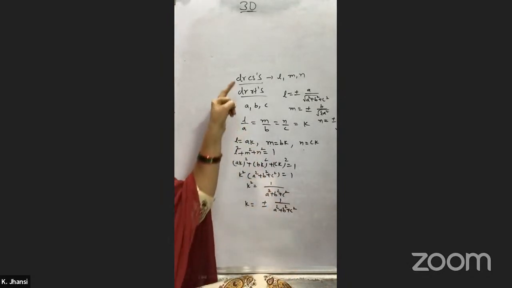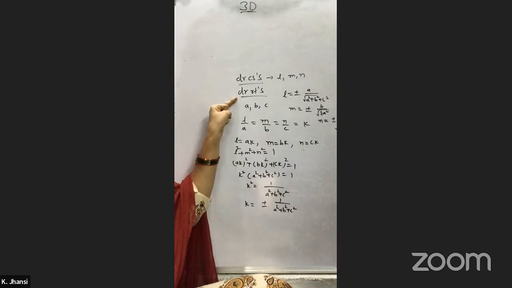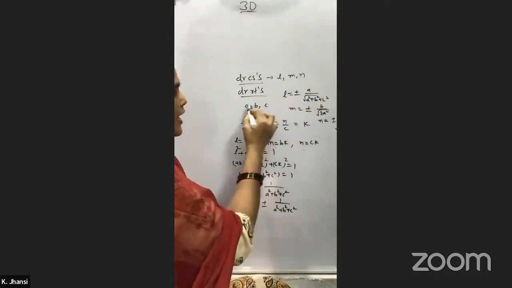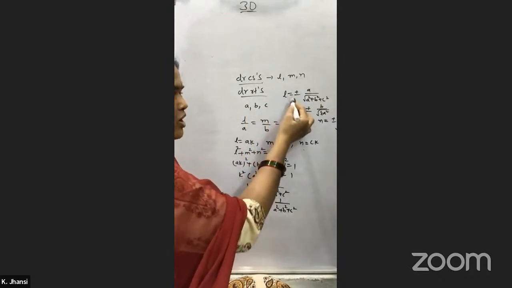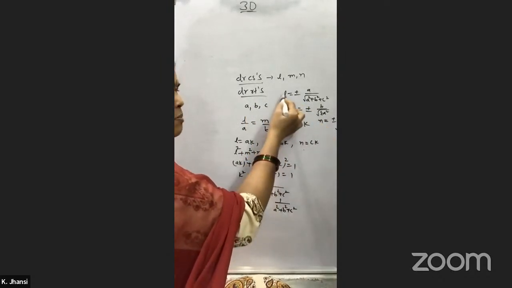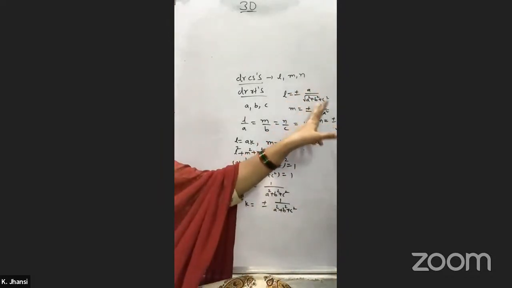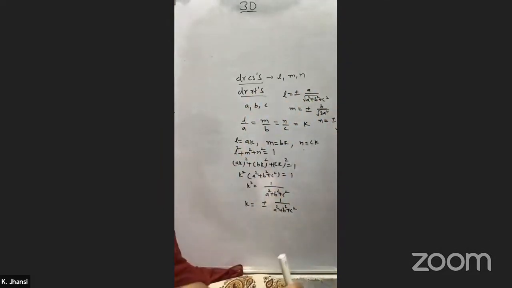So that is the relation between direction cosines and direction ratios. Here a, b, c are direction ratios, and whatever values you get for l, m, n are called the direction cosines of the line. If you remember this, it is useful for solving many problems, even in the second block.